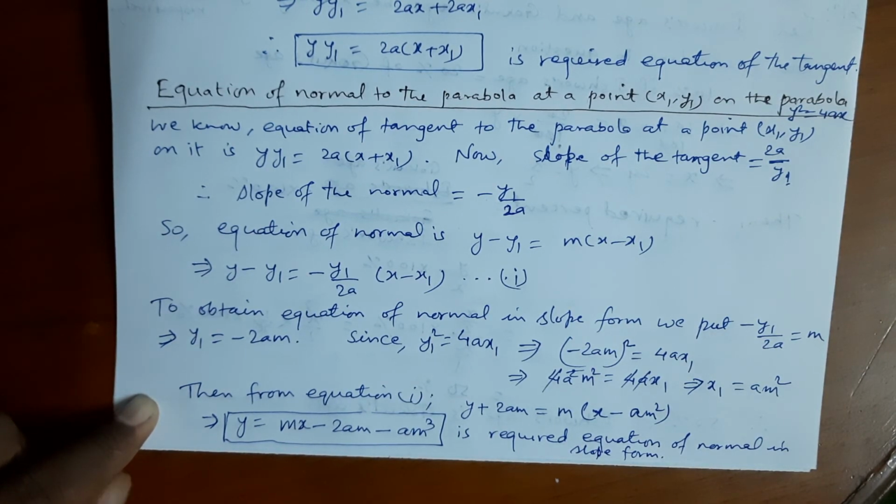If the slope m of the normal is given, and the equation of the parabola is given, then we use this equation of the normal to the parabola. This way we can easily find the equation of the normal.